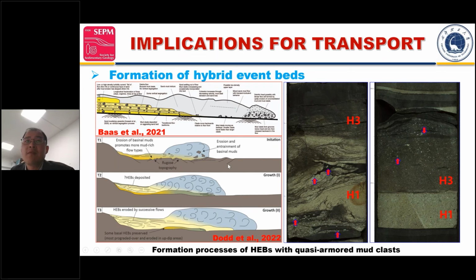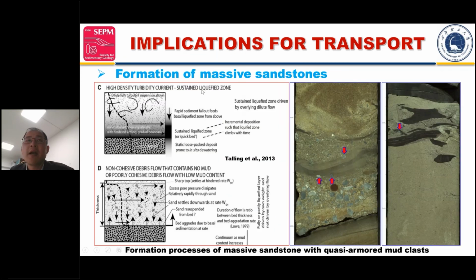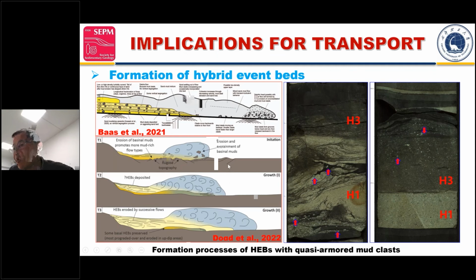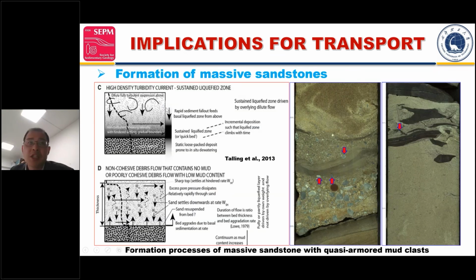Secondly is the formation of the massive sandstone. We know that there are many hypotheses put forward to interpret those massive sandstones, such as vertical suspension fallout, the transitional flow, the sustained liquefied zone, and also formation from the low cohesive or poorly cohesive debris flow.